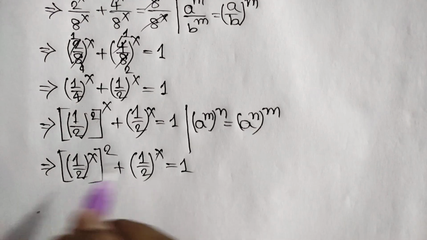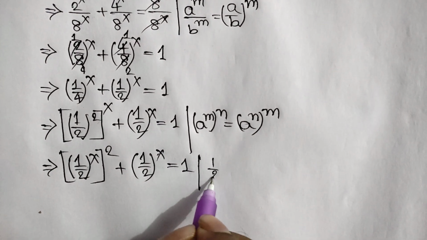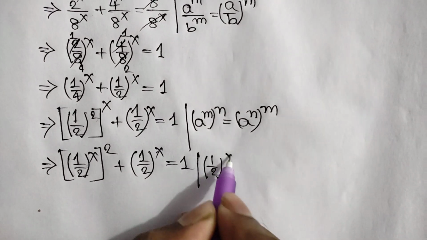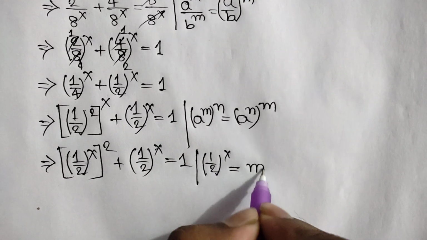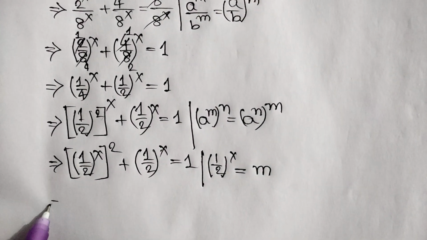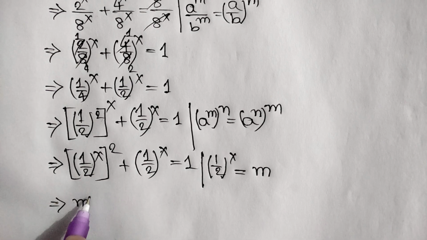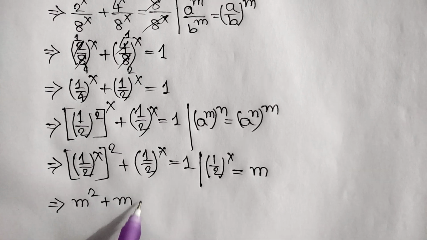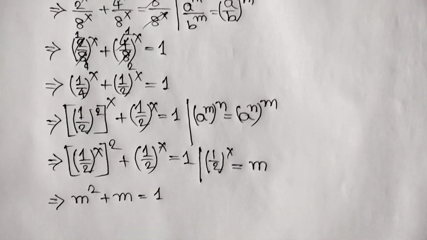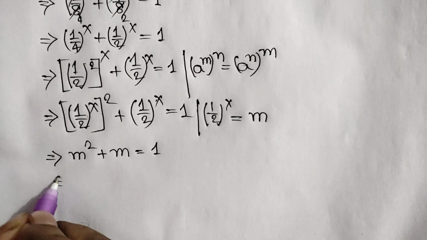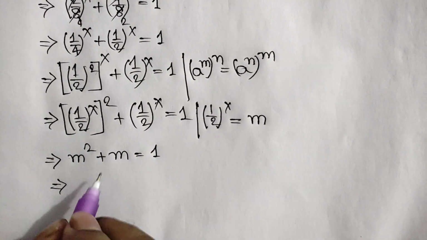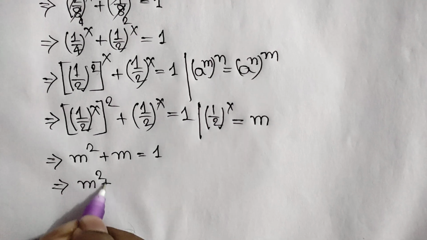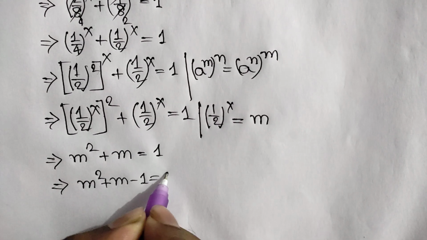Now let 1 over 2 whole to the power x be substituted by m. So we can write m square plus m is equal to 1, or taking this 1 to the left side, we will get m square plus m minus 1 is equal to 0.